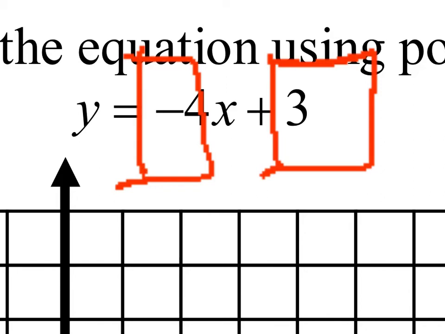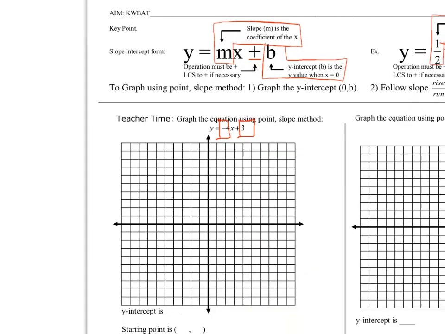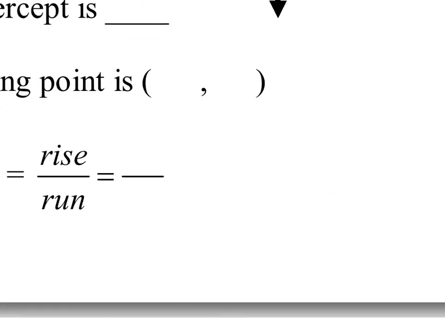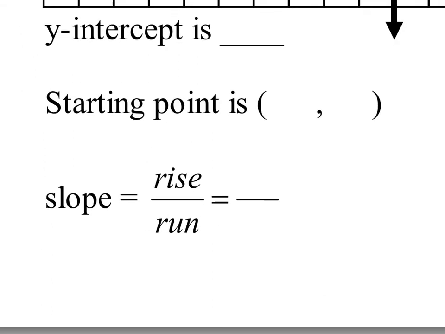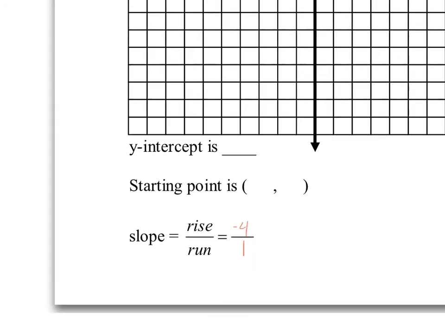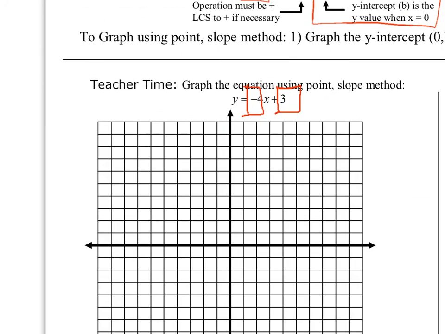Everybody. Negative 4. Now, if we want to put that in rise over run form, we need to put a 1 underneath it. So we have negative 4 over 1 is our slope. That comes directly from our equation, where negative 4 is our coefficient of x. So that means that is the slope.